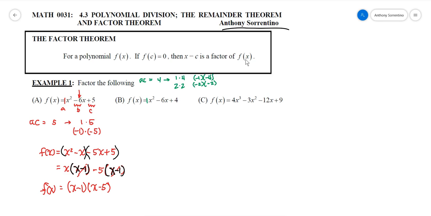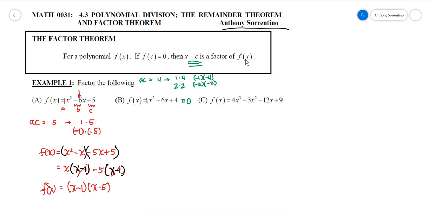But I would need to come up with some means of finding out what the answers are. Since this is quadratic, I do have other methods of solving it if it's set equal to 0. I can find the zero and then simply use this rule to make it a factor.